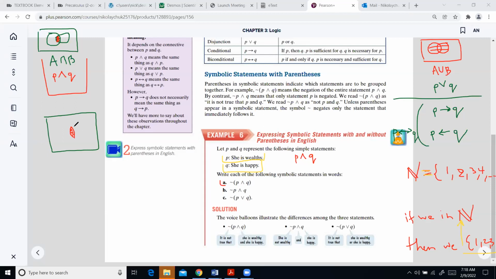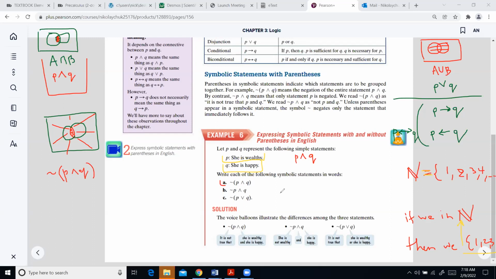Then everything that is not there will be in the negation, right? So if I want to negate this P and Q, I take a complement, remember the word complement. Well, then everything that is not in the overlap is going to be in that part.